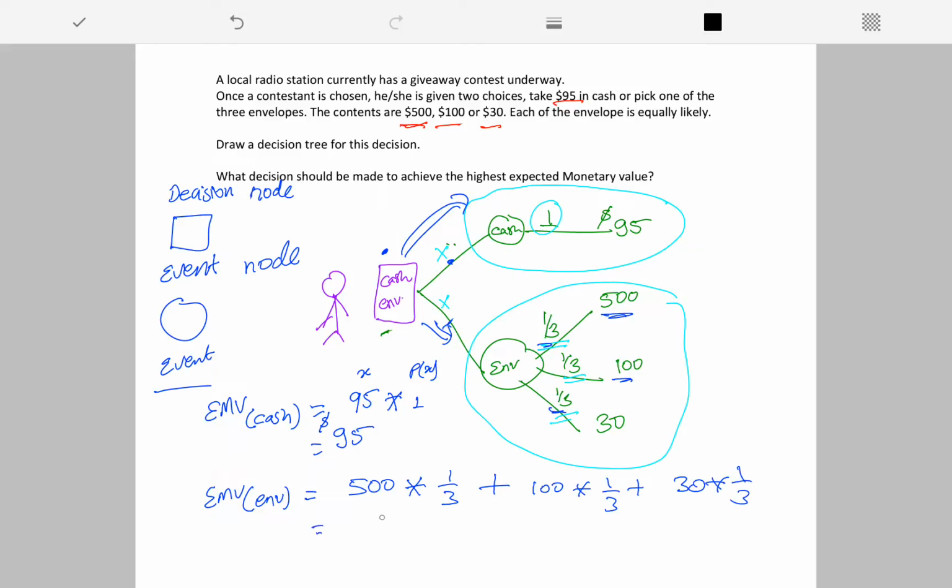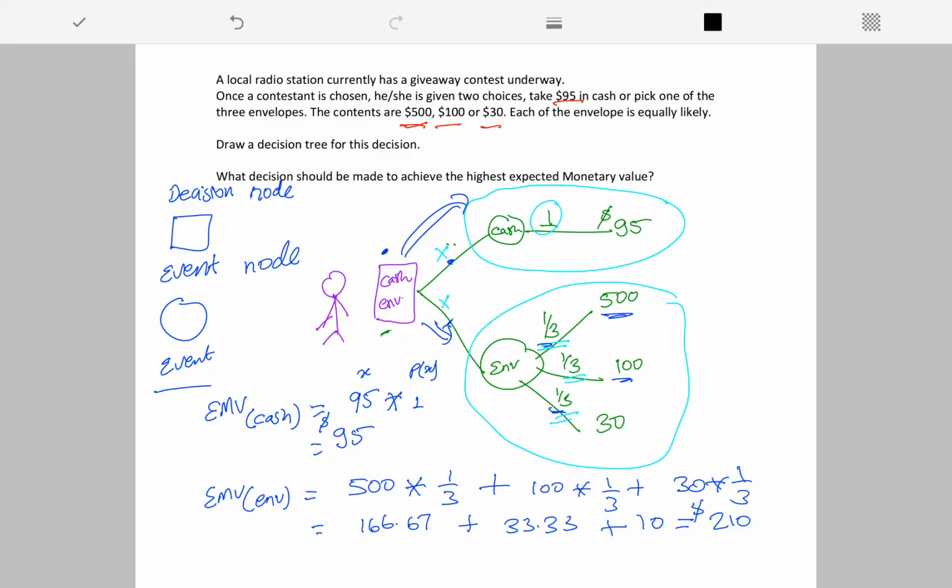Okay, 1/3 of 500 is 166.67, plus 1/3 of 100 is 33.33, plus 1/3 of $30 is 10, coming out to be $210.